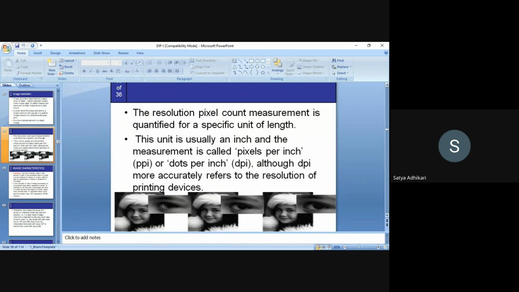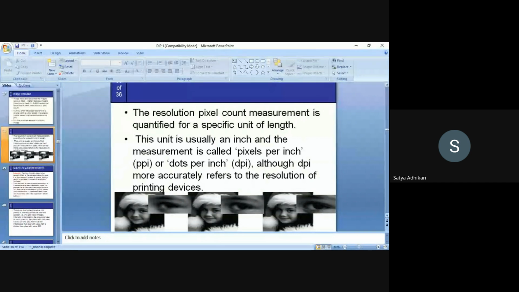So if the dots per inch is more, if the pixels per inch is more in that area, you will get a better image, because the area is fixed: 1 inch length, 1 inch breadth, and how many pixels are present within that area. If the number of pixels is more and the pixel size is smaller, the quality is better.